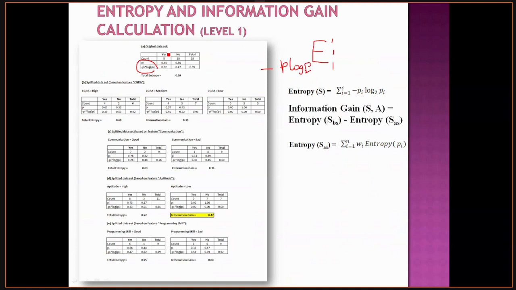So there are 8 yeses. And the number of records having no is obviously 18 minus 8, which is 10.